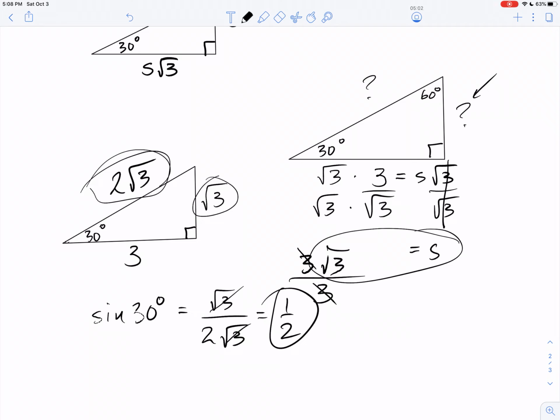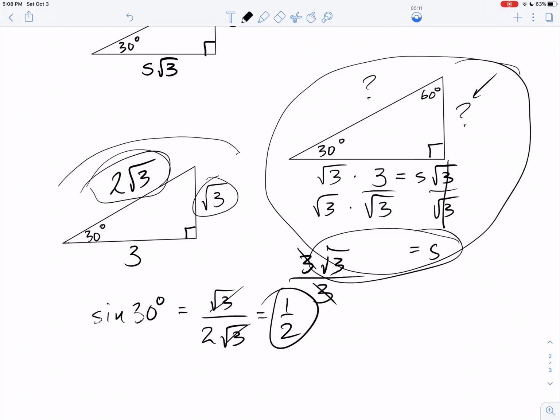But here's the thing with this. I wanted to show you guys what they taught you in geometry, and I wanted to show you I could find the sine of a 30-degree angle. But here's the real deal.